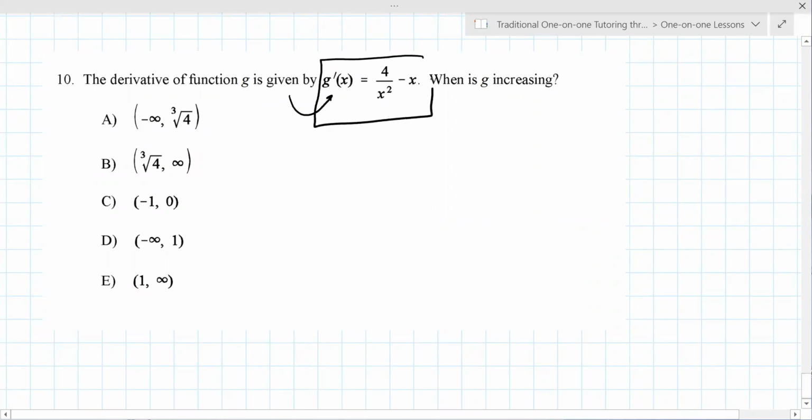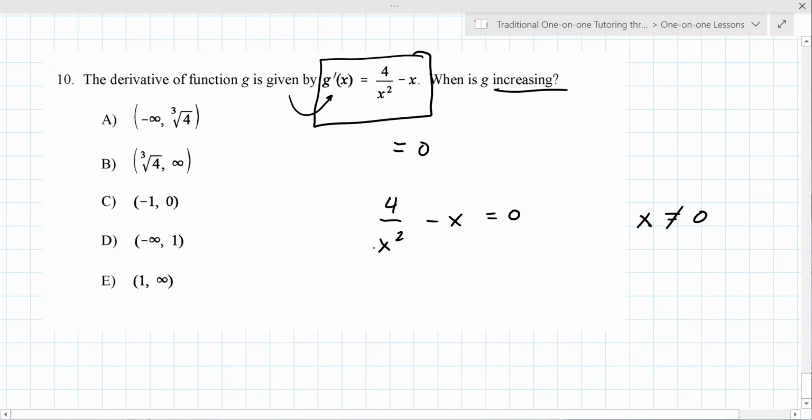I think that could be a stumbling block where you forget that when you're given the derivative and it wants increasing or decreasing, you just set this equal to 0. You set 4 over x squared minus x equal to 0. This has the added complexity that x cannot be 0, because you can't divide by 0.